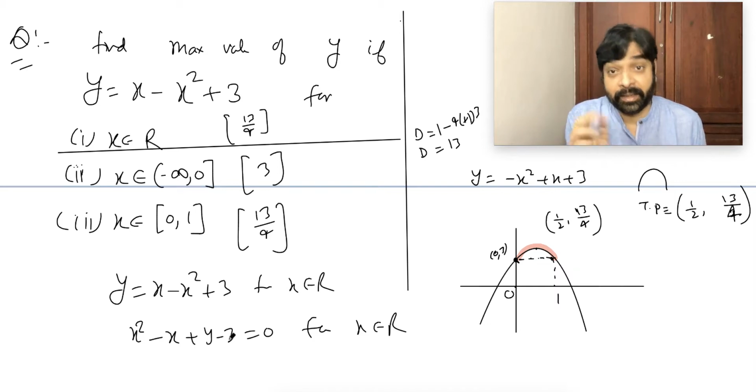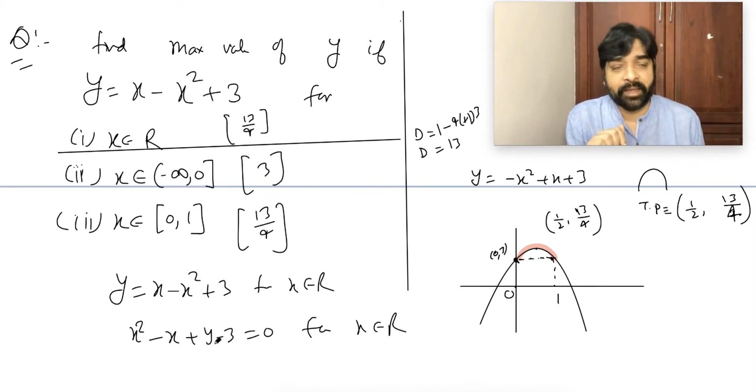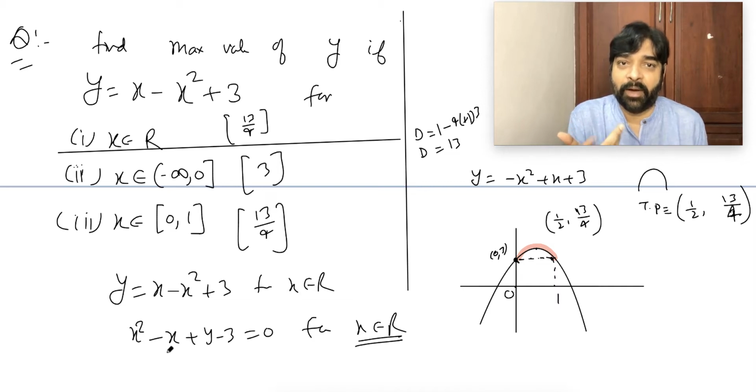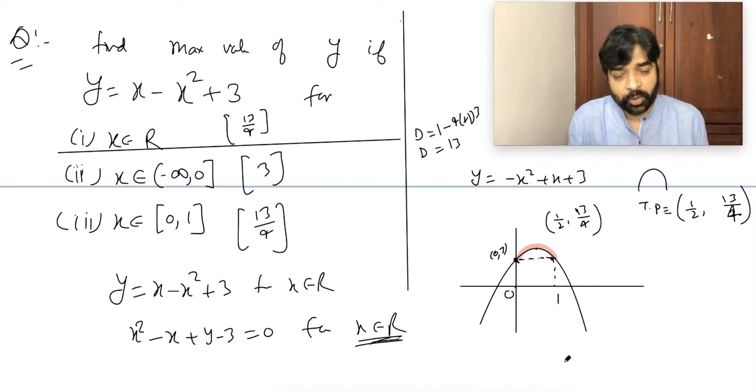This becomes a quadratic containing one variable. This is the quadratic. Now x is given; x is what? A root of the quadratic. The value of x is called a root of the quadratic. This is saying that the roots are real. If the roots are real, then the discriminant must be greater than or equal to 0.